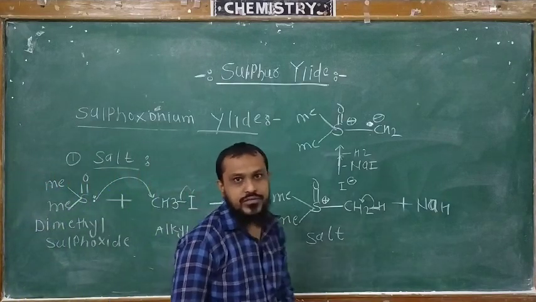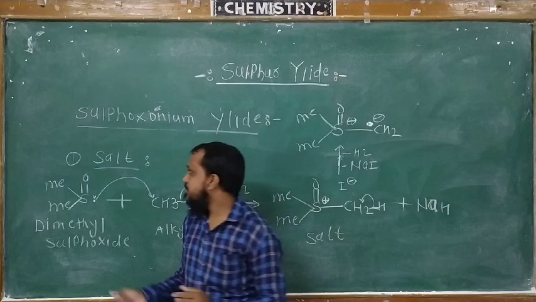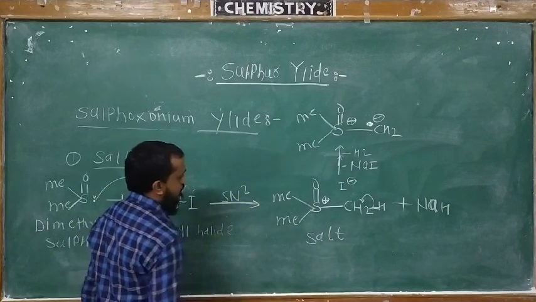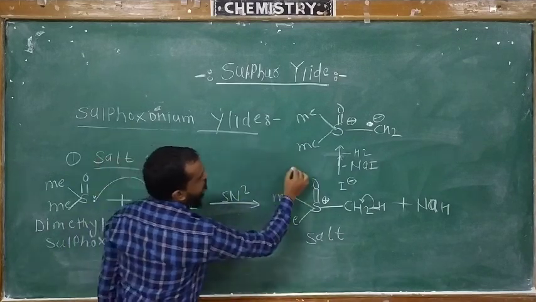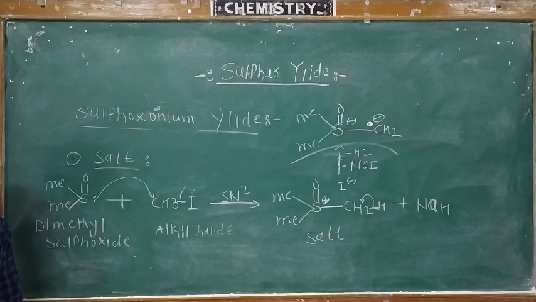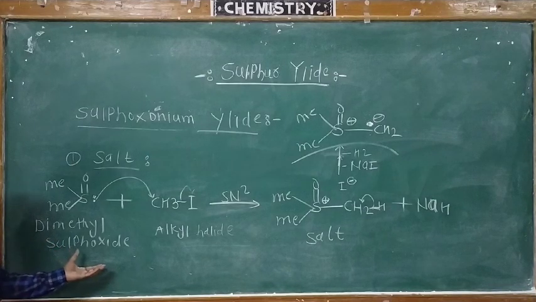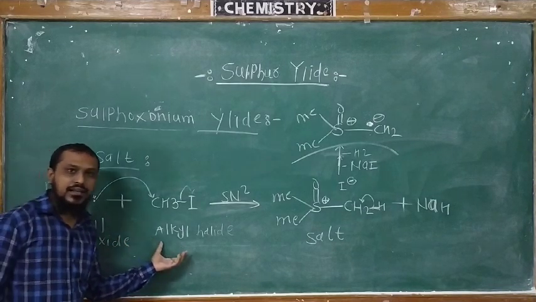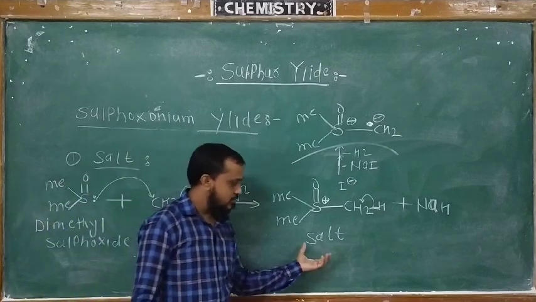This preparation undergoes two steps. In the first step, salt will be formed, and in the second step, our final product sulfoxonium ylide will be formed. What will happen in the first step? Dimethyl sulfoxide is treated with methyl iodide to form a salt.